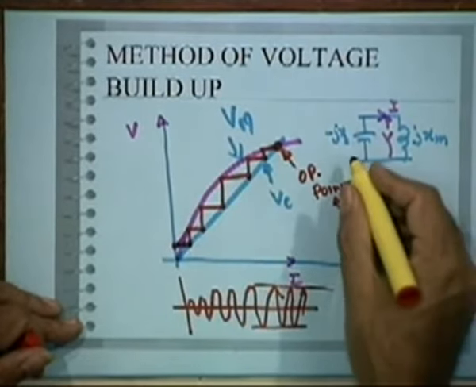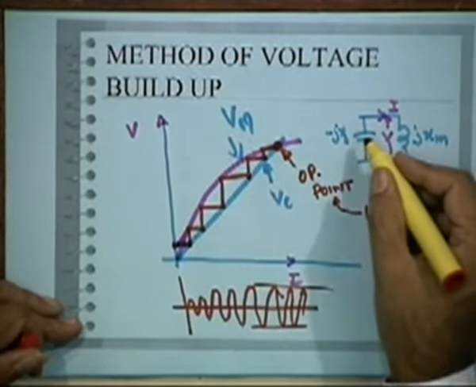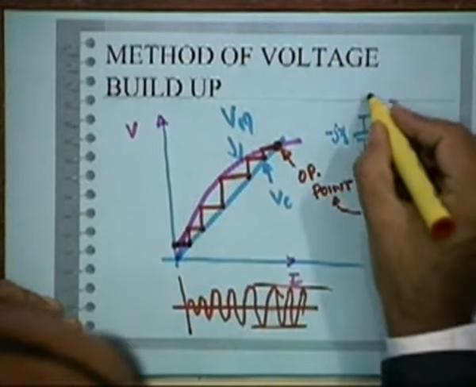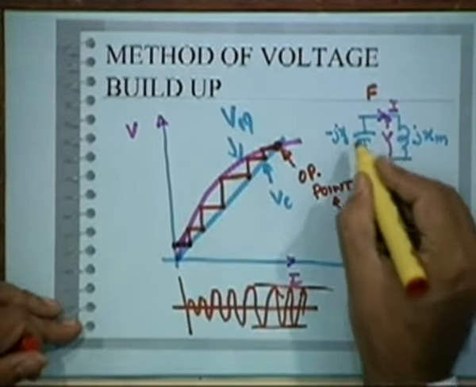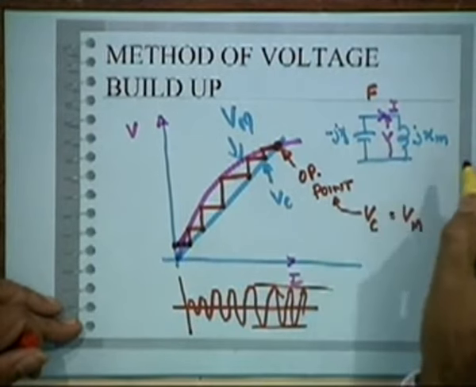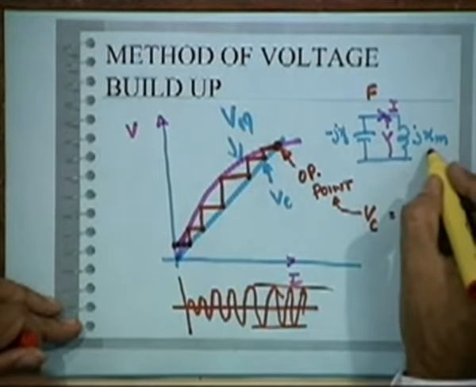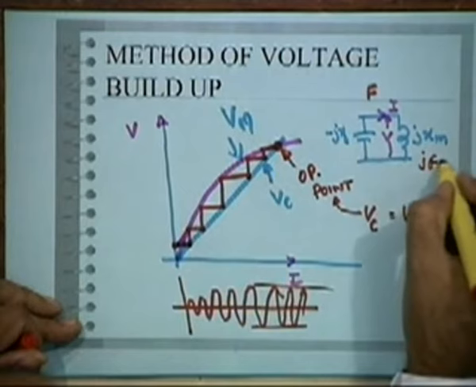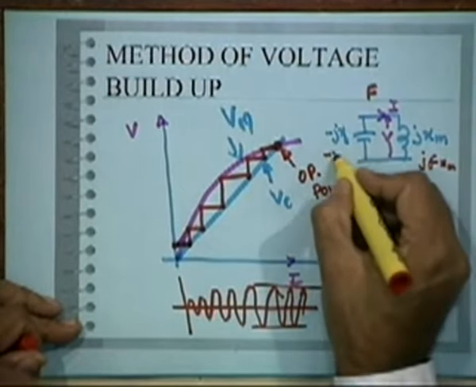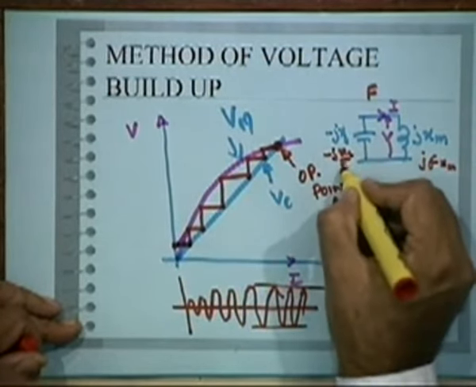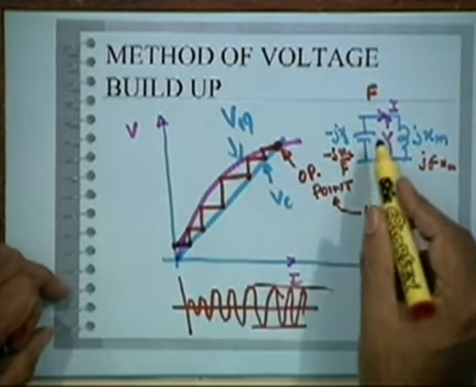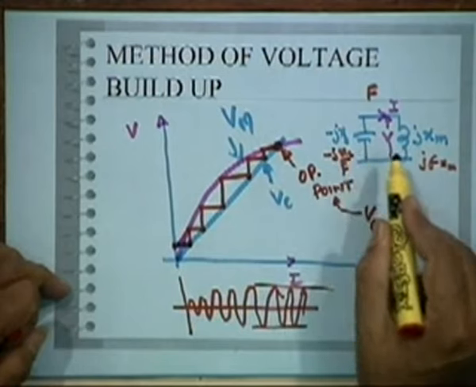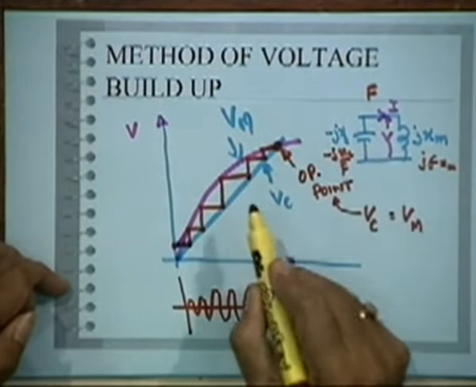Supposing the operating per unit frequency is f, here it will become jFXM, here it will become minus jXC by f, because of the reactance. Therefore, if f is 1 per unit, then they will be balanced.